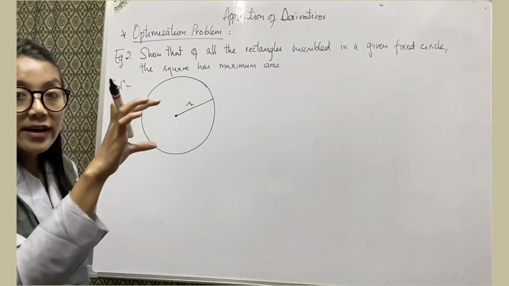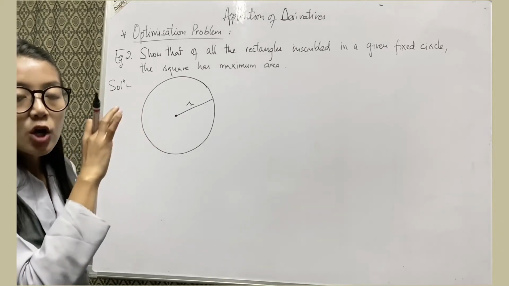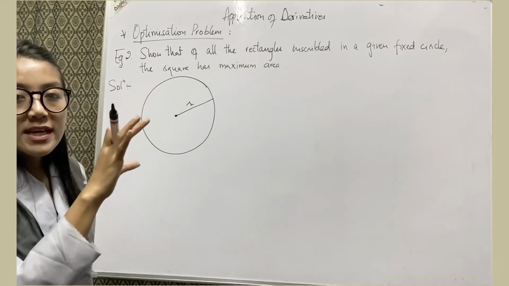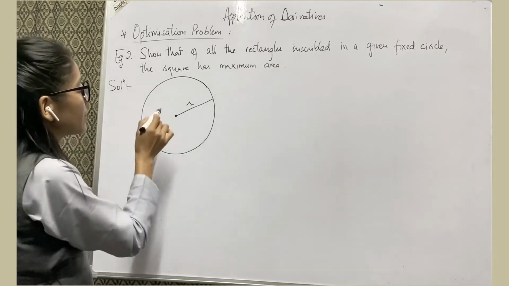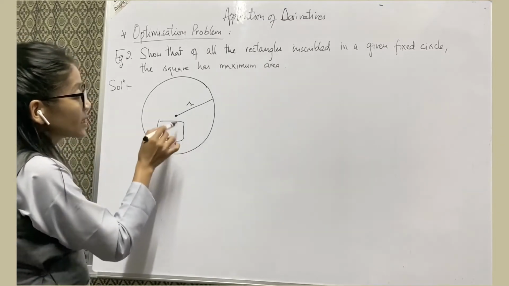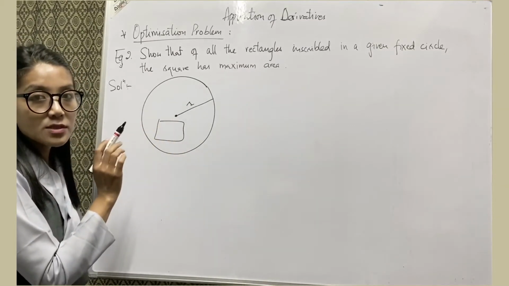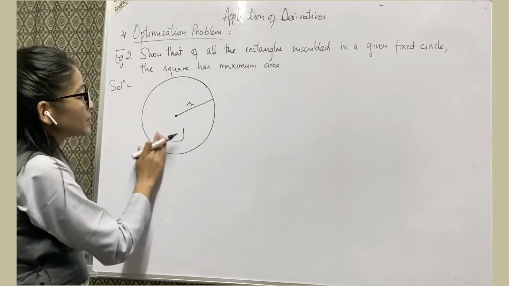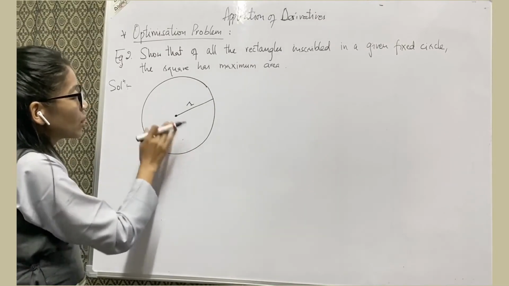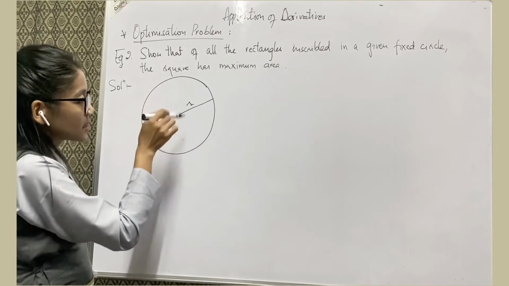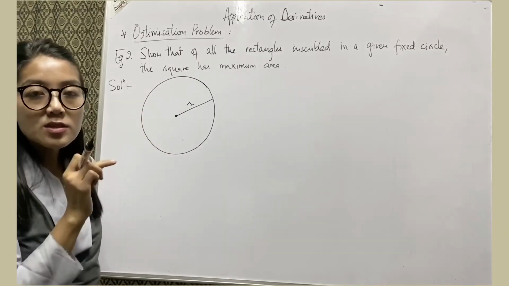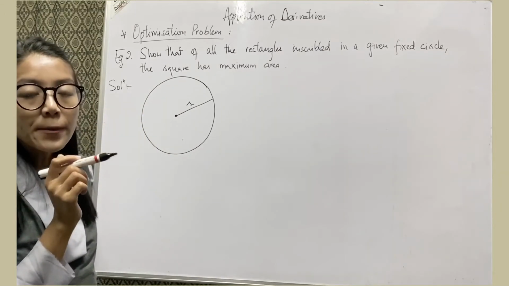For a rectangle there will be 4 vertices, so all 4 vertices have to be on the circle. If I draw a rectangle like this, it is not inscribed, the concept is not that. Inscribed means you have to draw a rectangle in this circle where all the vertices of the rectangle are on the circle.